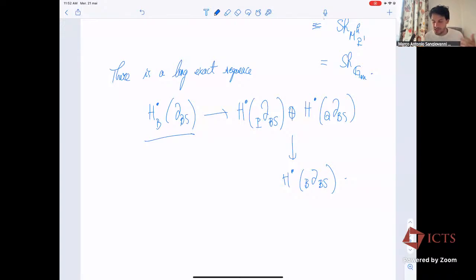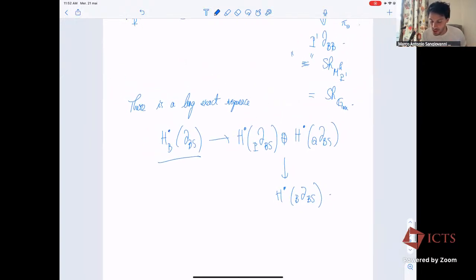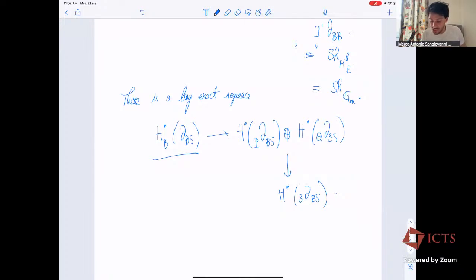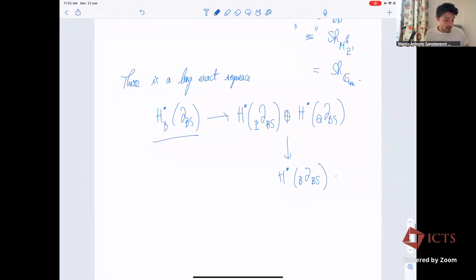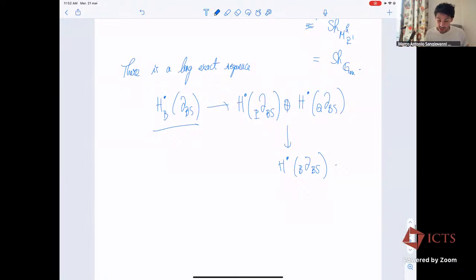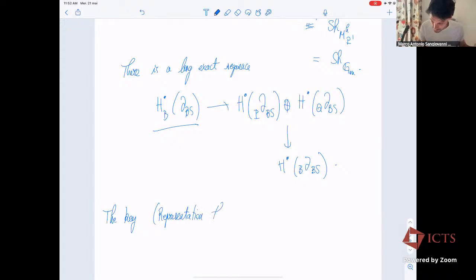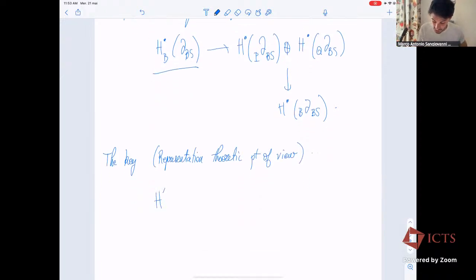Okay, so this is a rather technical subject. I'm doing my best to present a lot of content, but these are the main ingredients: these four compactifications with this description of their cohomologies. And so the key from a representation theoretic point of view is the following: you can compute the cohomology of each boundary component.